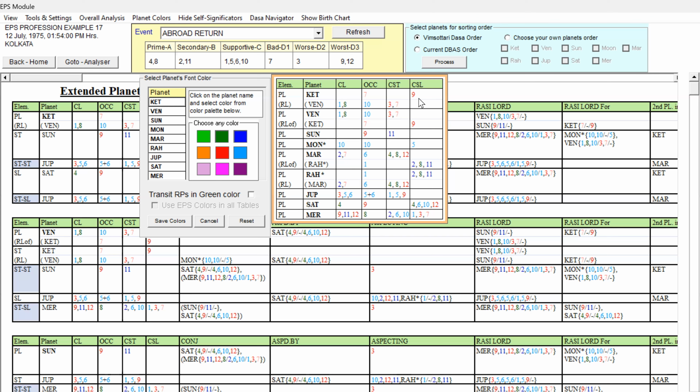It can also indicate long travel. It can be for the homeland also, provided it is connected to the 8th house, 2nd house, 11th house and 4th house. Anyway, as far as the self-signification of Ketu is concerned, we can say Ketu is not a good planet for travel. It is on the unfavorable side. So we can give the light red color. It means it is not supportive for return.